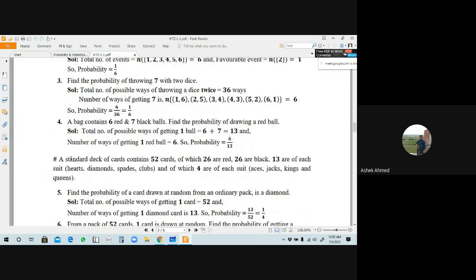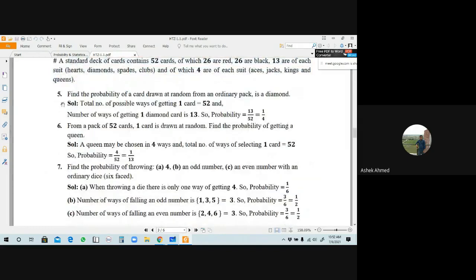In a deck of cards, I have already discussed in the last class. Now, in the next problem, find the probability that a card drawn at random from an ordinary pack is a diamond.